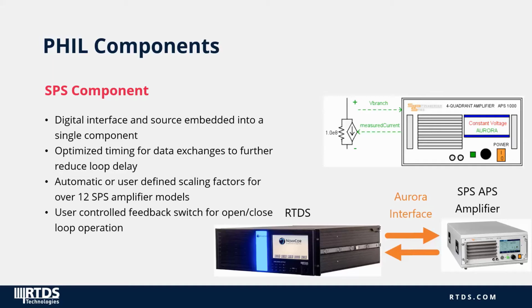The user has the option to select from 12 different APS amplifier models, as well as using user-defined scaling factors. Again, the component has a user-controlled feedback switch embedded so that the user can easily switch between open and closed loop operation. The RTDS and the SPS amplifier are going to communicate with each other by using the Aurora communication protocol.